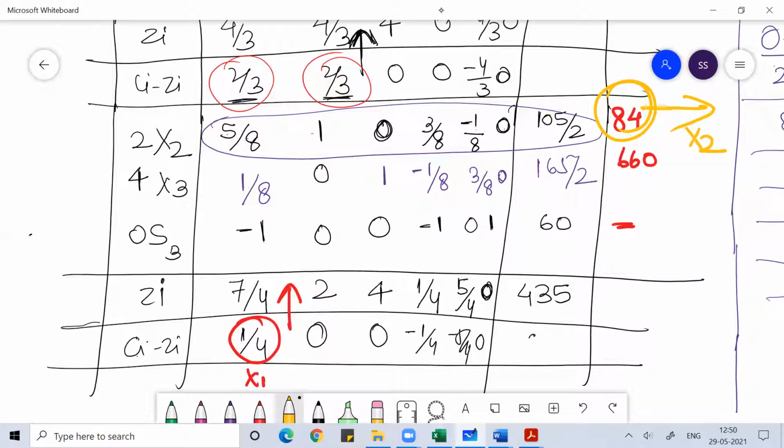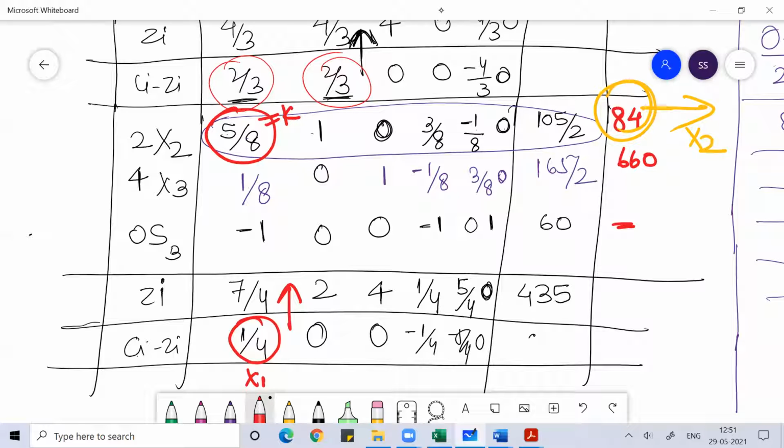Can you understand this? The theta value, or constant value, would be 5 by 8. 5 by 8 is the constant.